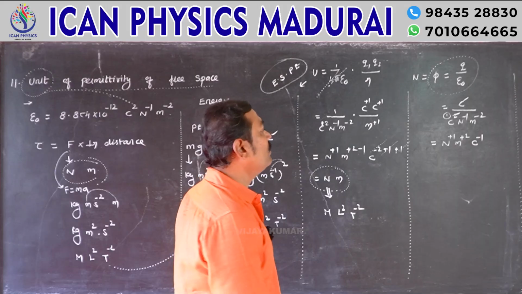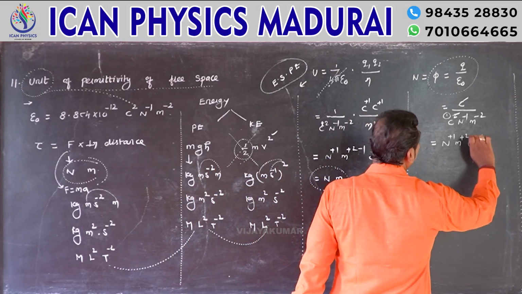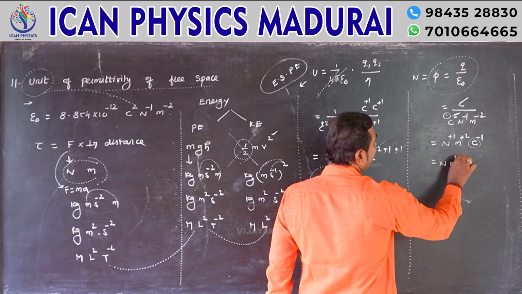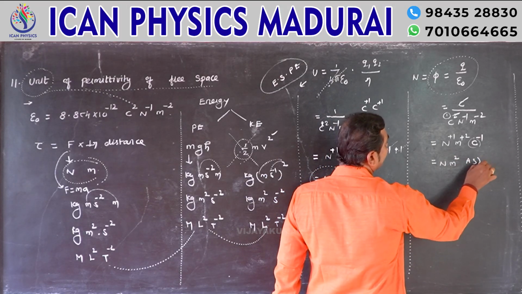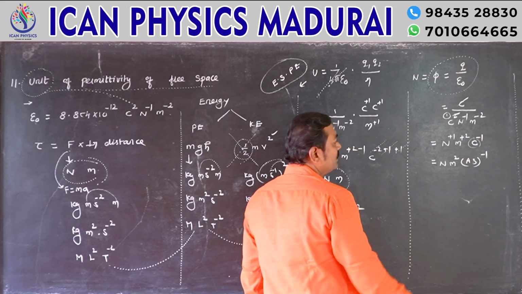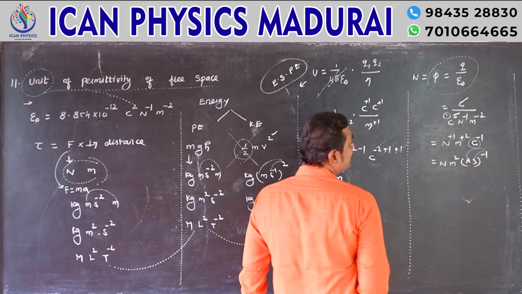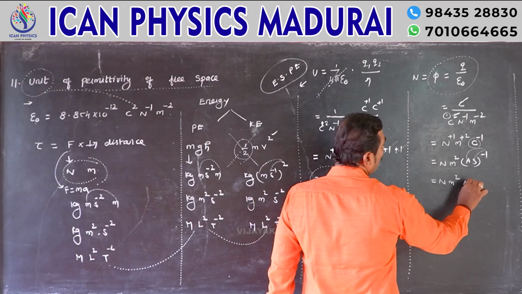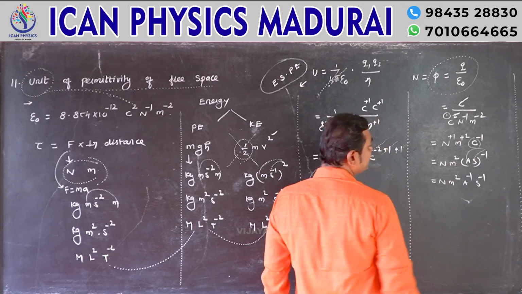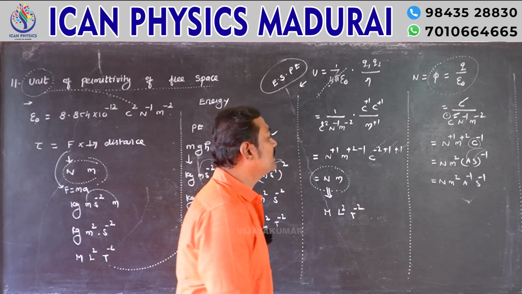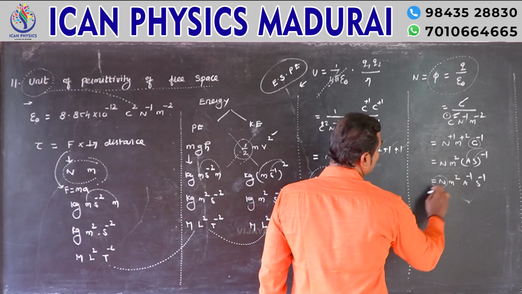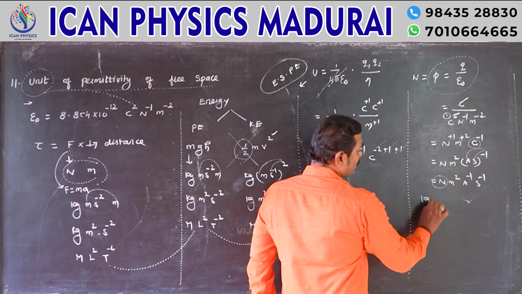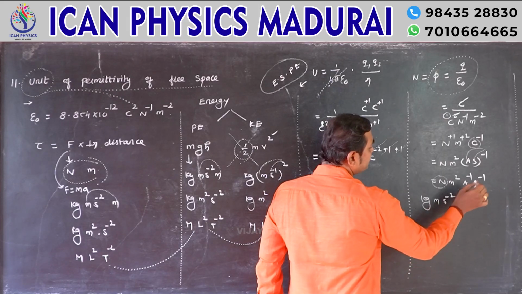Now, what is the equivalent unit of Coulomb? That is ampere second. Newton meter square ampere second power minus 1. The minus 1 is common to the first term and the second term. So Newton meter square per ampere per second. At the same time, we can go for Newton also. What is the equivalent unit of Newton? Kilogram meter per second square.